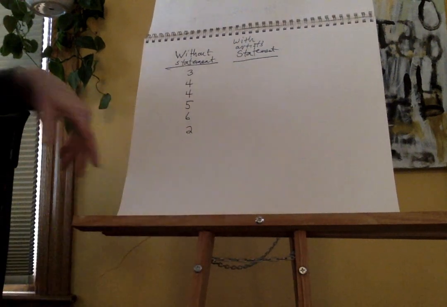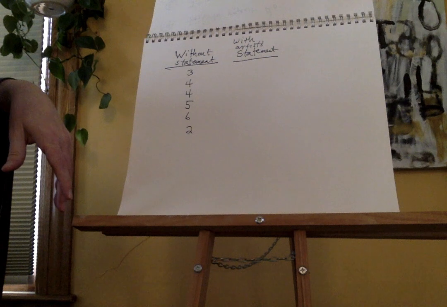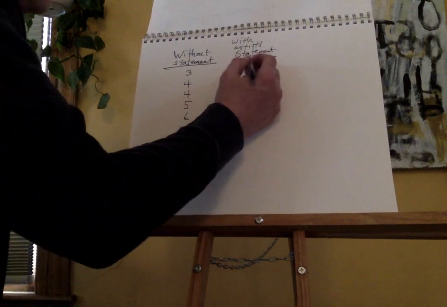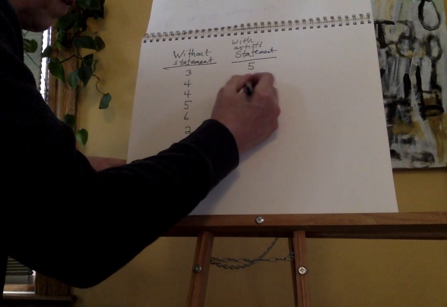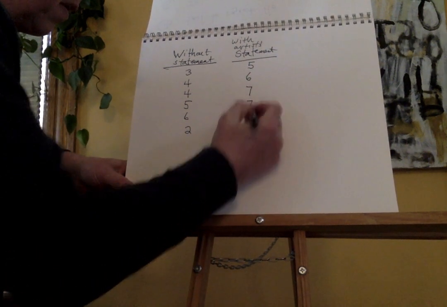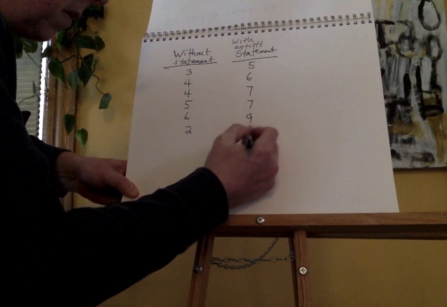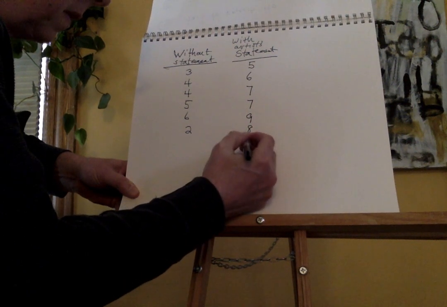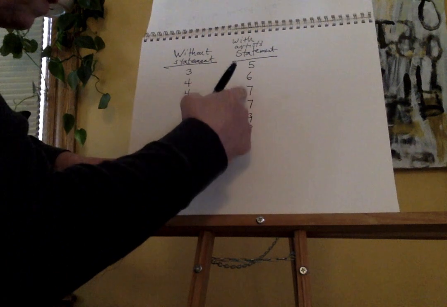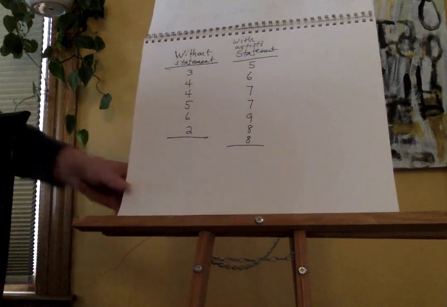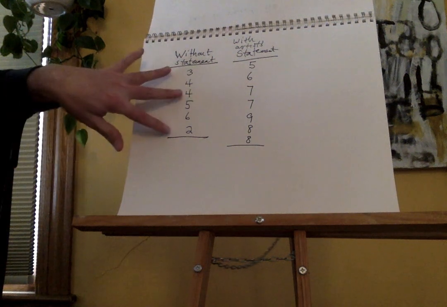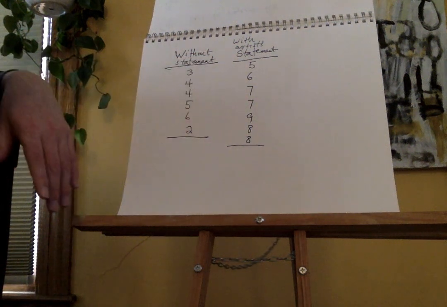There are 6 people that look at it without the artist statement. And this is people that have the artist statement: one, two, three, 4, 5, 6, 7. So 6 in this group, 7 in this group.